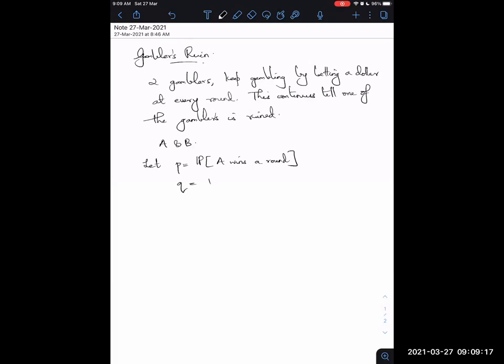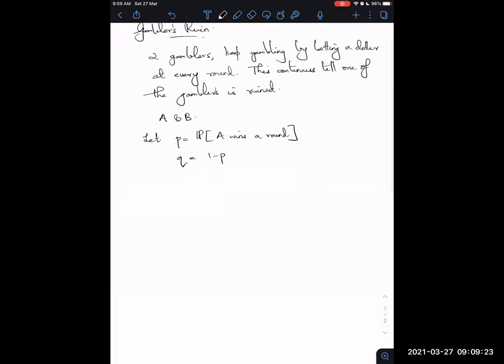We call Q the probability that B wins a round. P and Q remain constant in every round. The game ends when A or B goes bankrupt.